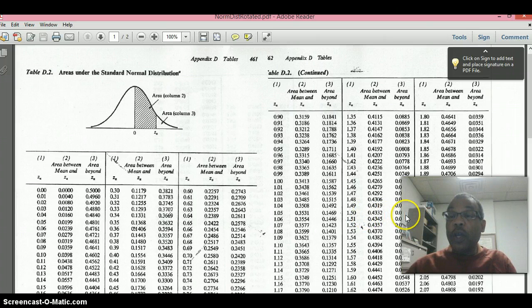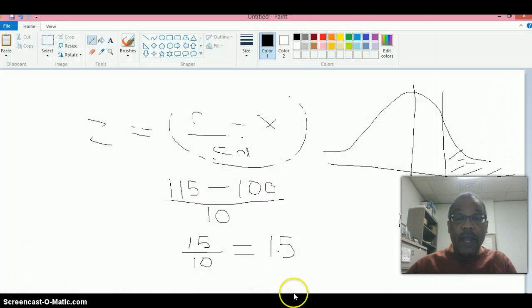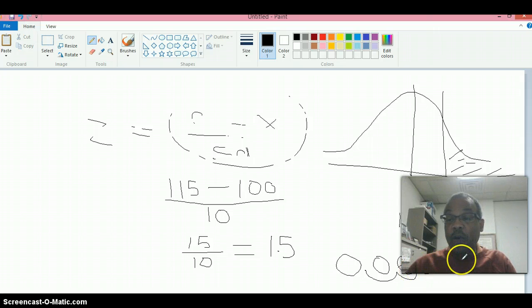And then we go to the area beyond, column 3, which is 0.0668. So the answer to our question is 0.0668. One final thing we do is convert these probabilities to percentages by moving the decimal 2 places to the right, which brings this to 6.7%.